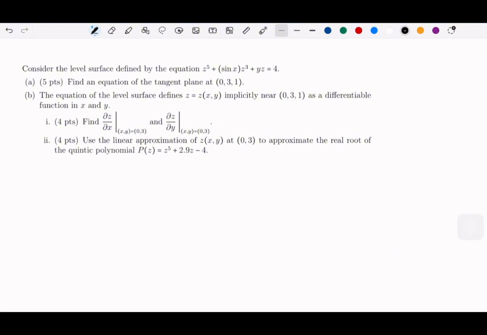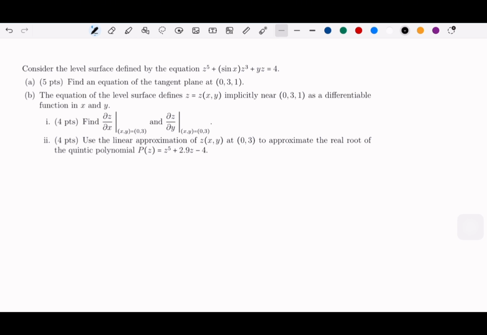It is implicitly near (0, 3, 1), so z is a function of two variables, z of x, y. And then we need to find the partial z with respect to x and y at those points.